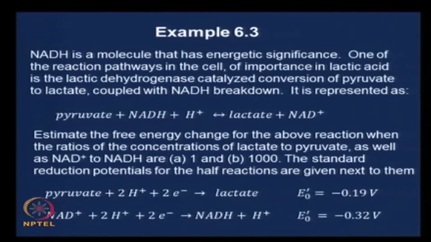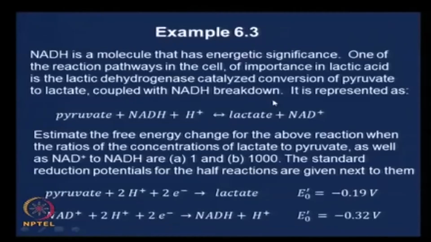Remember, the end point of glycolysis is considered to be pyruvate, and that goes to lactate by this lactate dehydrogenase reaction. Lactococcus lactis essentially has this pathway completely channelized, and therefore such organisms are used for production of lactic acid, and that is essentially what produces your curd from milk.